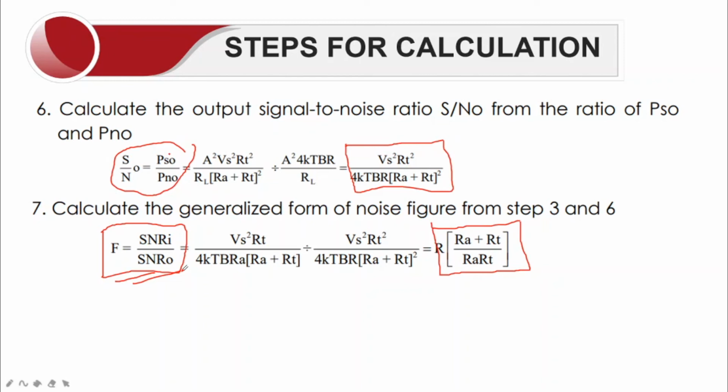Tapos, again, PSO, PNO, para makuha yung SNR output, para magamit natin tong formula na to. Pero, kung gusto mo gamitin yung mga resistances na you have from the very beginning, you can just use this, which is R, quantity RA plus RT over RA-RT quantity.